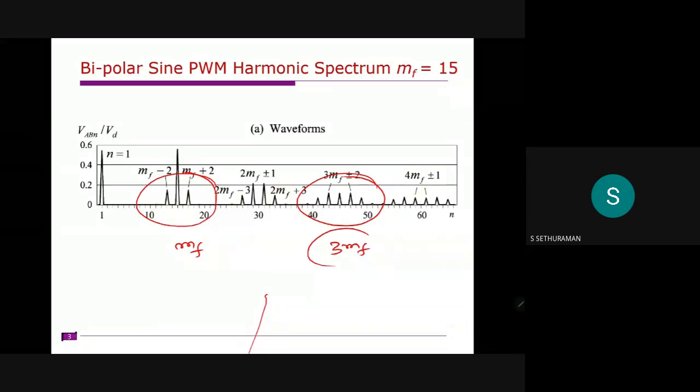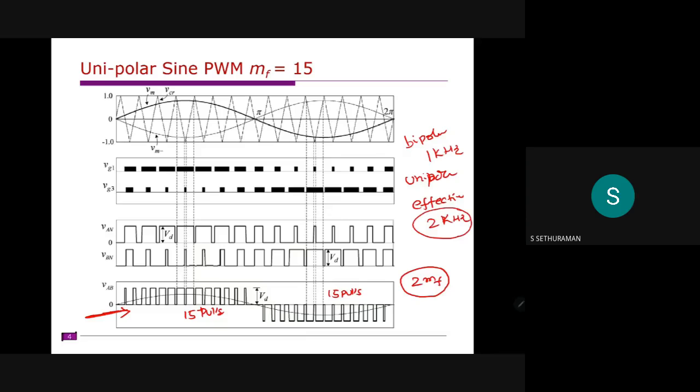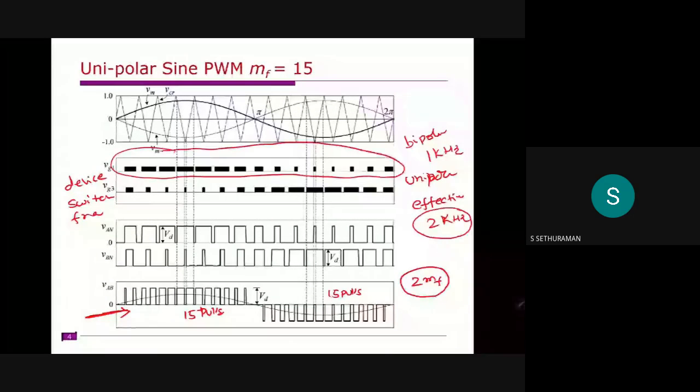Clear? So in case of unipolar, the device switching frequency, if you count all these, this is 15, and this is also 15.